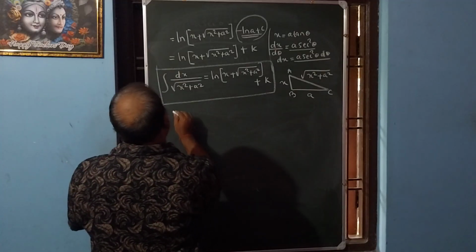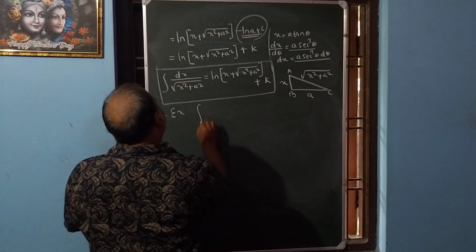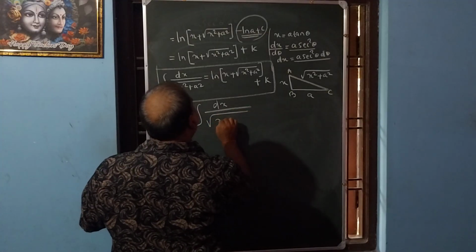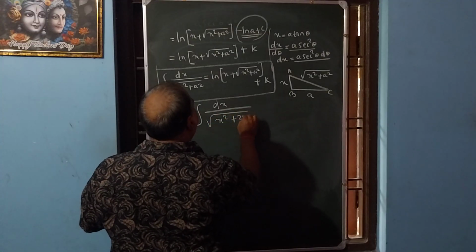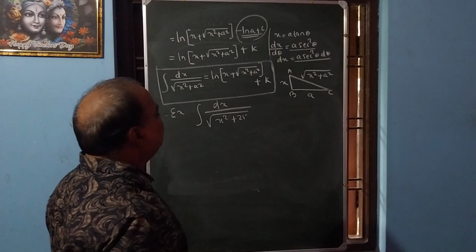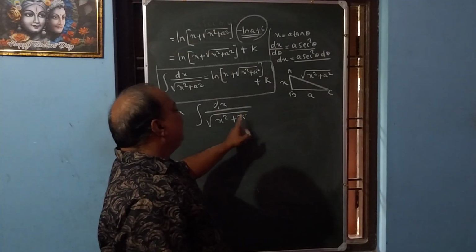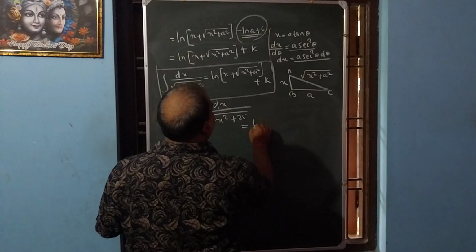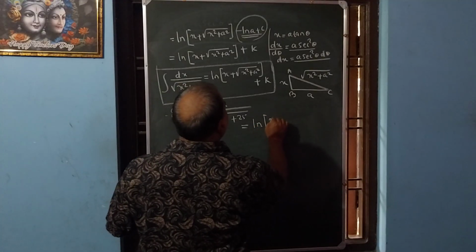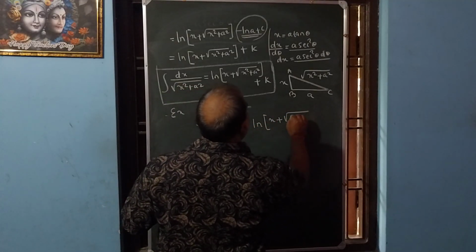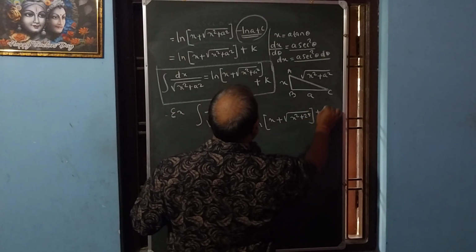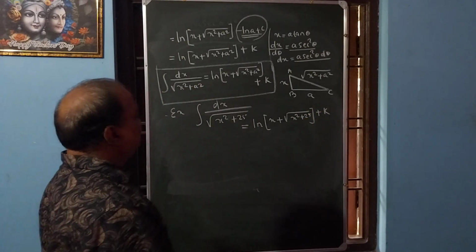One example: let us take integration of dx by root over of x square plus 25. How can you get the answer? 25 can be written as 5 square. So we get ln of x plus root over x square plus 25, plus k. This is the answer.